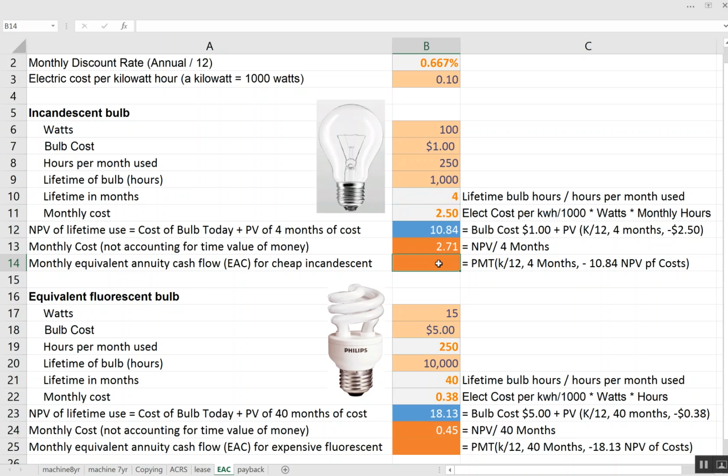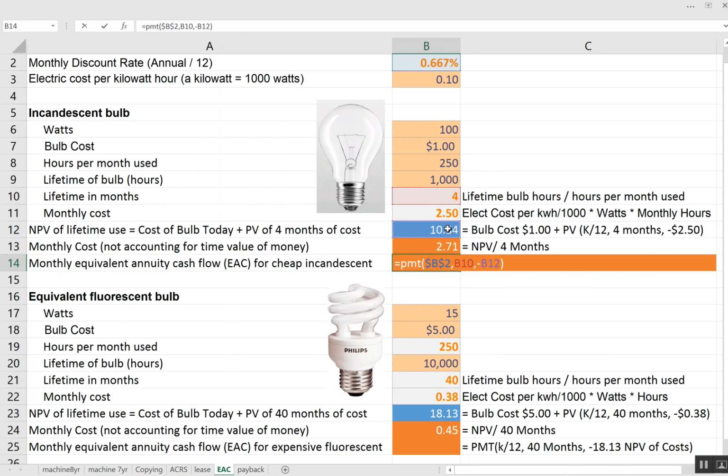So we calculate something called the equivalent annual cost, or cash flow. And what that means is, basically, it's like calculating a mortgage payment. If I say equals payment, and I put in, in this case, the monthly interest rate, I'm going to anchor that, comma, 4 months, comma, and then I put a negative present value.